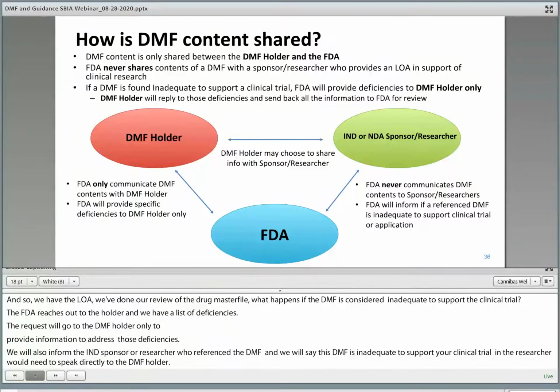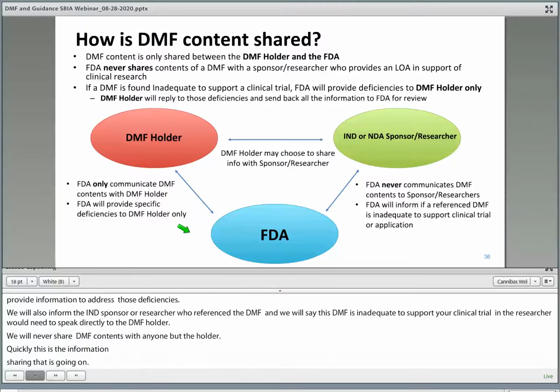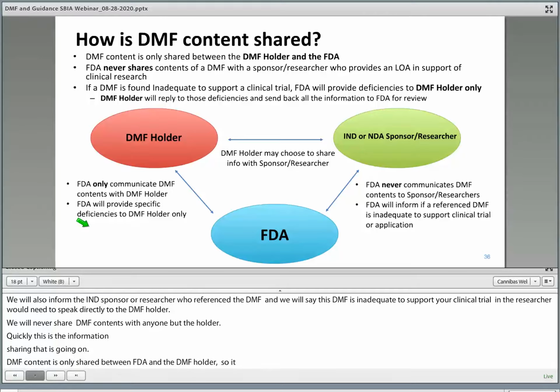And so very quickly, this is the information sharing that's going on. DMF contents, again, is only shared between FDA and the DMF holder, so it only goes this way. And if they have deficiencies, we will reach out to the DMF holder and say, please provide XYZ information. The DMF holder then provides that to the FDA. We will then do a review of that information and decide if it's sufficient to address the inadequacies and the deficiencies.